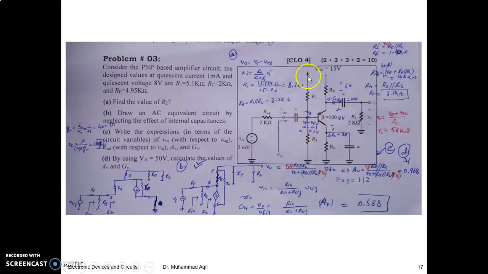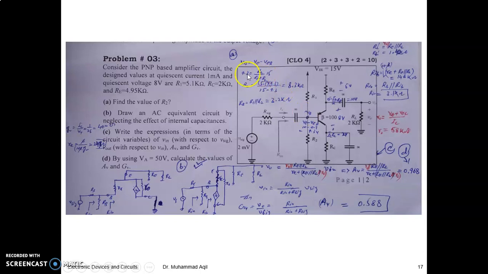If you want to find this VB from this junction, if you neglect base current, as you already learned, the voltage here is because of R2. So you have a voltage divider from VEE to R1 and R2. So R2 divided by R1 plus R2 into VEE is VB, right?